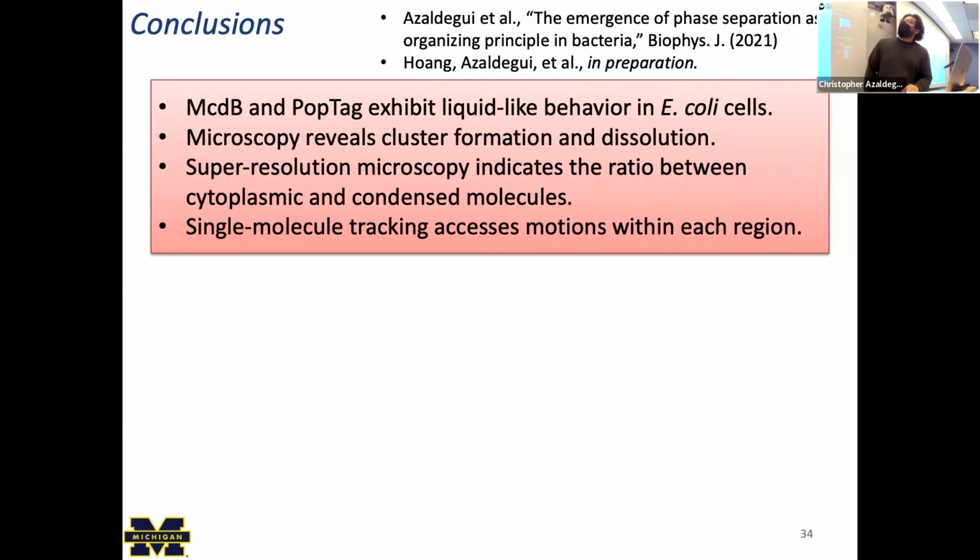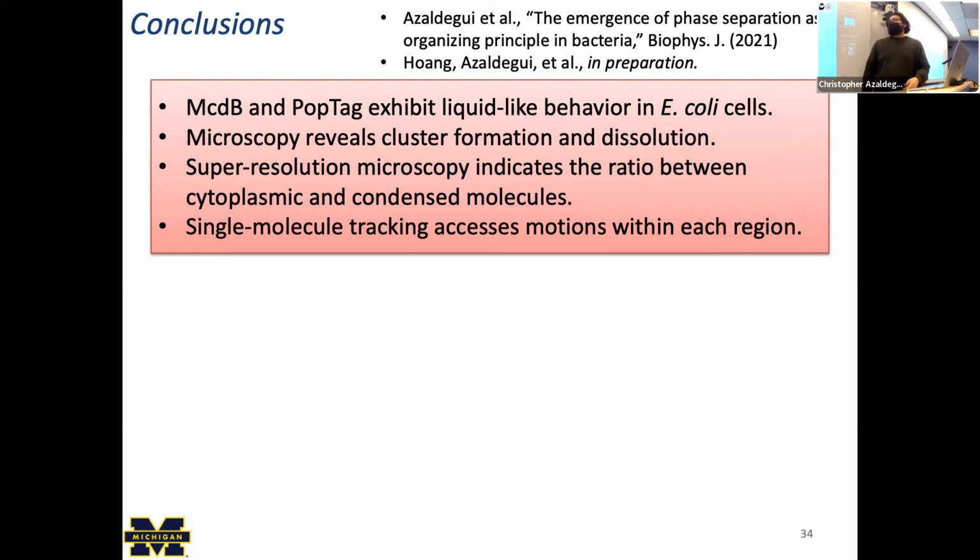And so with that, I just want to end with some conclusions. So I hope that you can see that mCDB and these pub tag tunable condensation proteins exhibit liquid-like behavior, but it's not binary, right? As you can see with the contrast between the short linker and the long linker, there is a spectrum of mobility, which may be indicative of a spectrum of material states that these proteins can undertake.